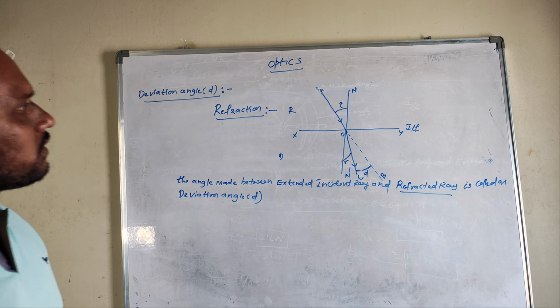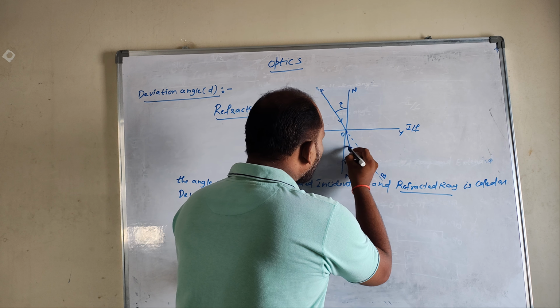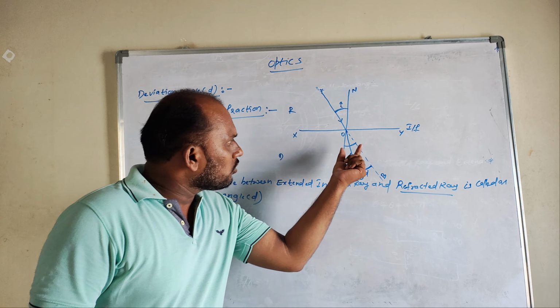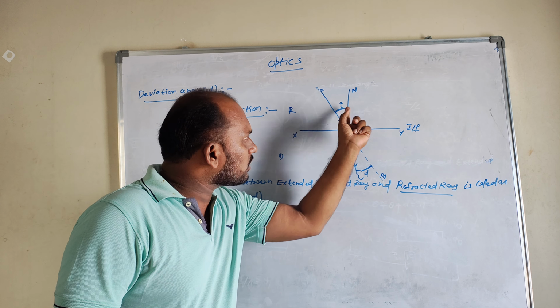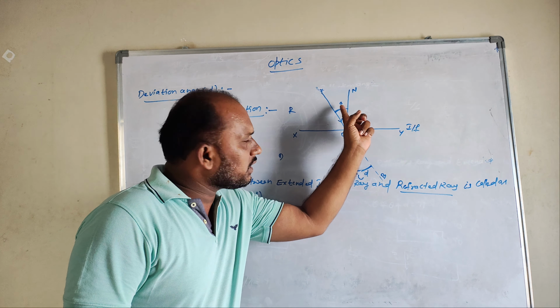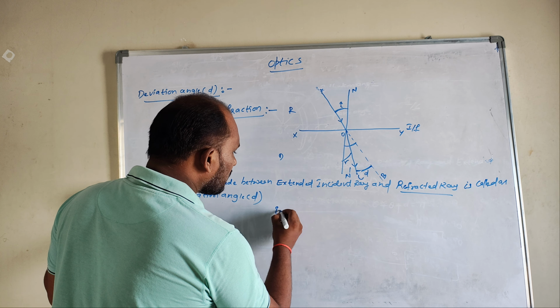Let's look here. I want this angle, but we know the total angle. This is the angle psi, and this is also psi, both are the same, because they are made with the normal line of the incident ray. So what is the angle here? I is the angle.